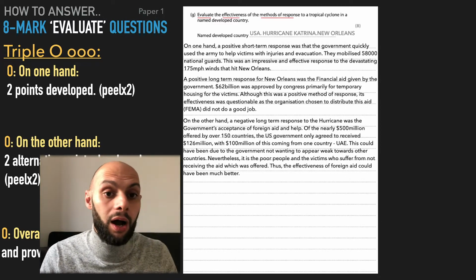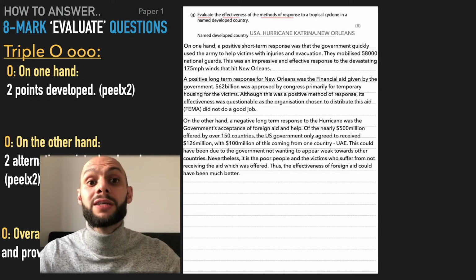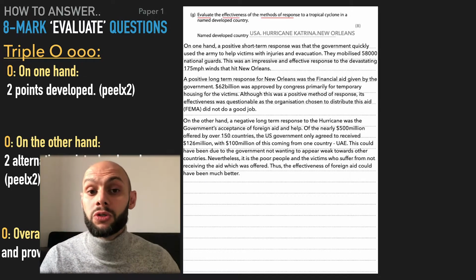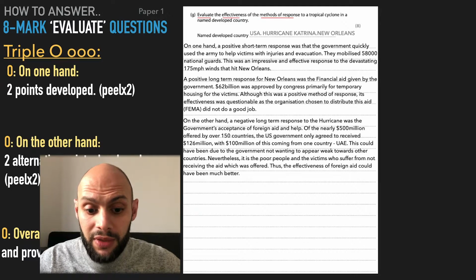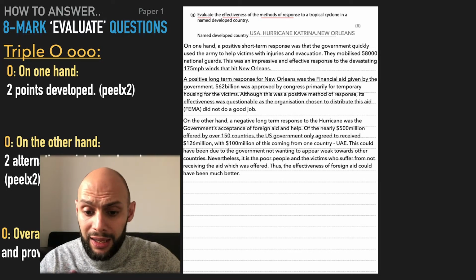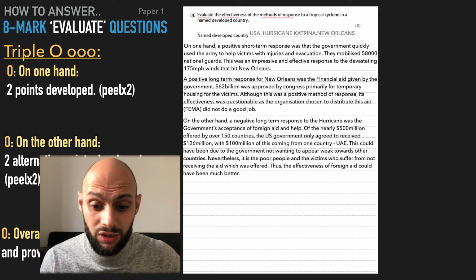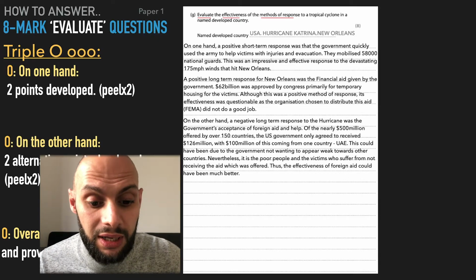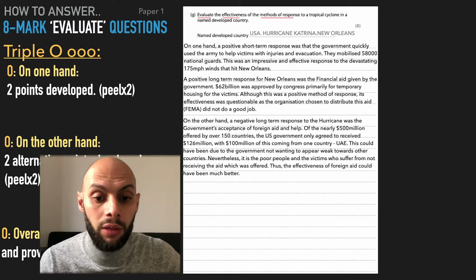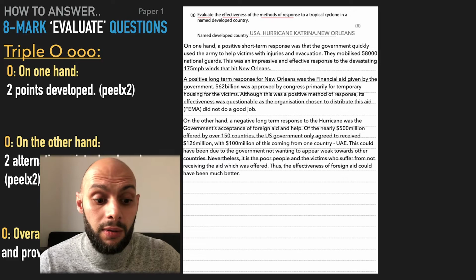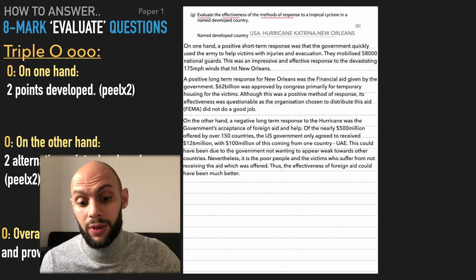Why? I don't know the exact reasons, but I've speculated by saying maybe they didn't want to appear weak towards other countries. And on top of that, $100 million of the money that they did receive all came from one country, the UAE. So very interesting facts on the response to Hurricane Katrina by the US.